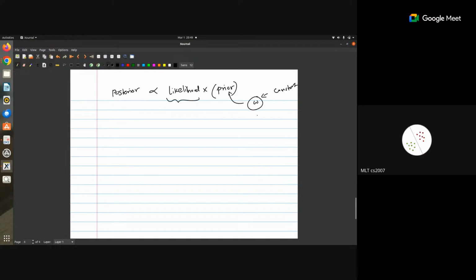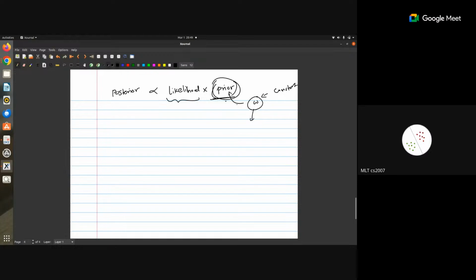But now if I say that W will also have some distribution, then we take that distribution into account. We get this prior distribution from our data.